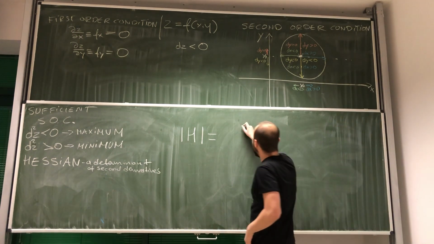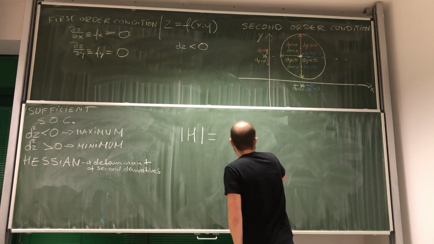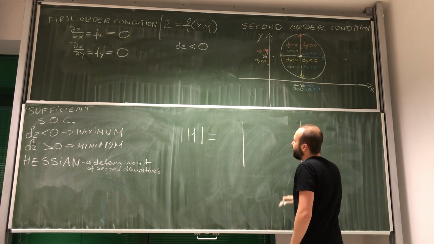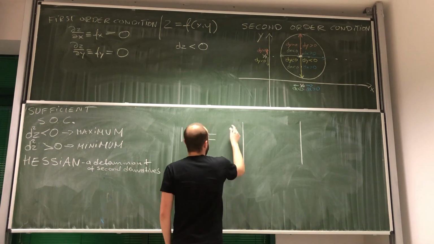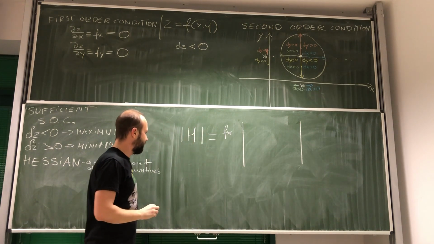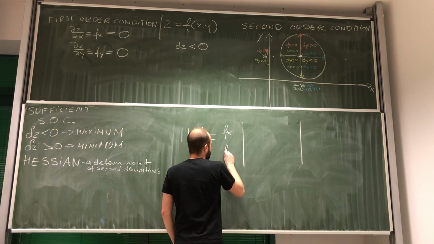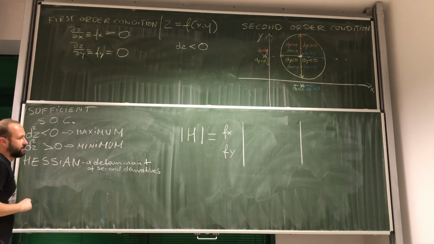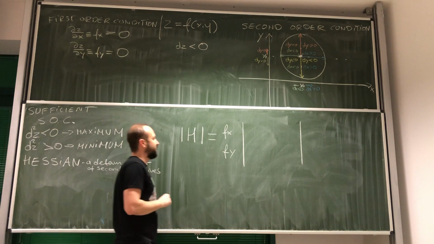So here we have a determinant, and what do we do over here? Let's just say that the first row is associated with the first derivative with respect to x, and the second one with the first derivative with respect to y.